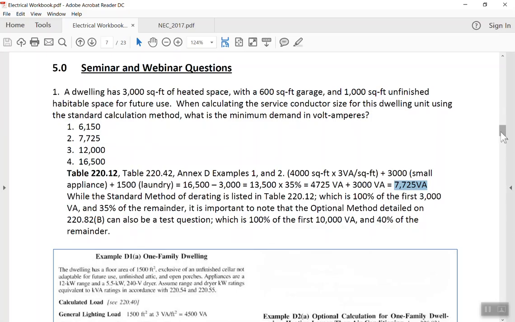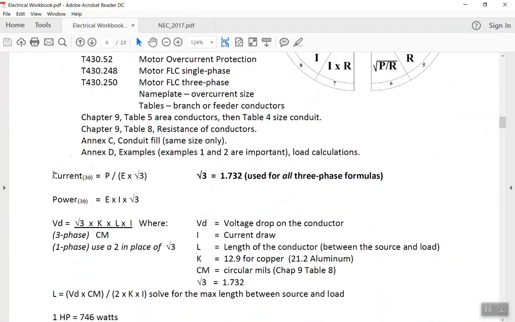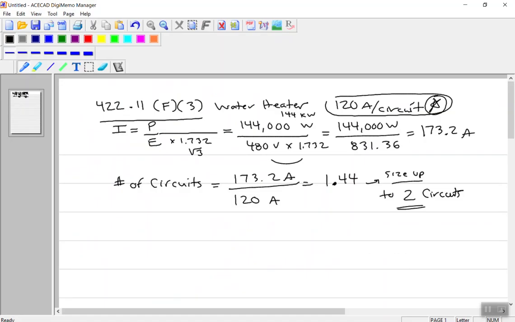I'm going to pull up the workbook once again on page 6 and show it to you. This formula's got to be memorized. You got to write that in your code book. Write it on the back of your arm, or on the bill of your cap, or put a tattoo. You need this one really bad. You cannot forget this one. You'll miss some questions.